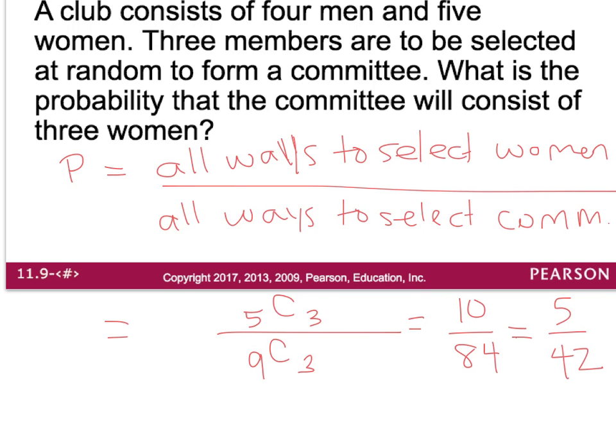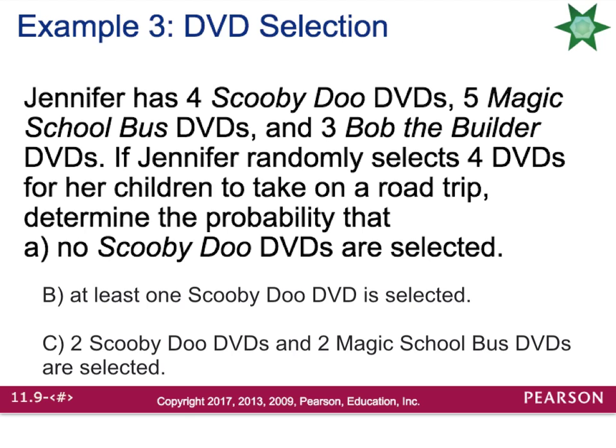So the probability that all 3 selected would be women is roughly 12%. So not highly likely. I'm just going to do one more example because you'll see in your homework they get a little different each time, and you'll have to read through the problem and figure out what's best based on what the question is asking.